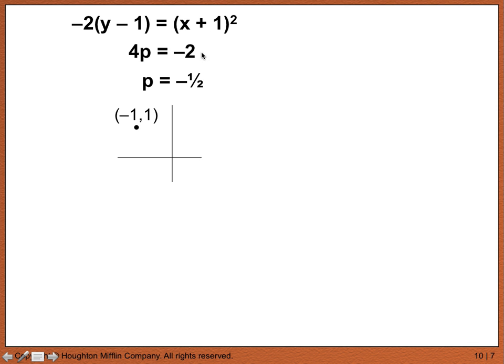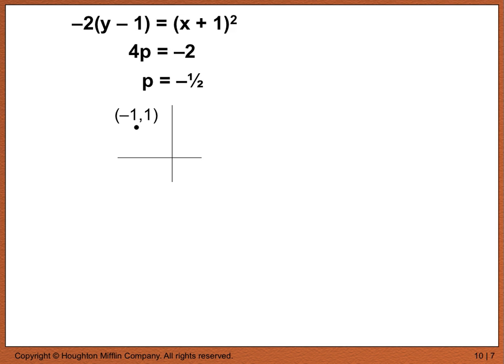And so h is negative 1. That's why I have negative 1 written here. And this is y minus k that I'm circling now with a mouse arrow. And k is the y-coordinate of the vertex, so y minus k. This is 1, and therefore my vertex is negative 1, 1. That I got just directly from the standard form.